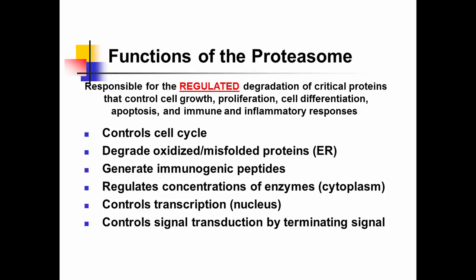So this proteasome activity can control cell cycles, and also can degrade some oxidized or misfolded proteins in ER, and can regulate the concentration of other enzymes or the immunogenic peptides, right?